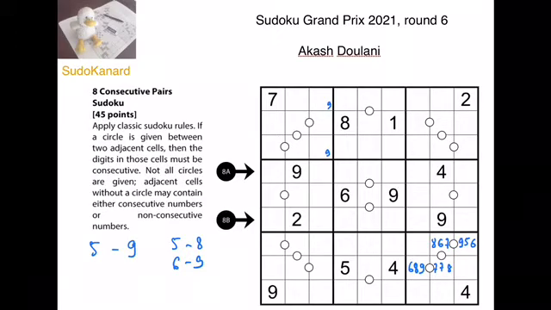Well, they can't contain a 7, and they can't contain a 1 either, because 1 can't be here, and if 1 is among those digits, it must be at this end, and then 2 would be here, which is not possible. So the options are those options.